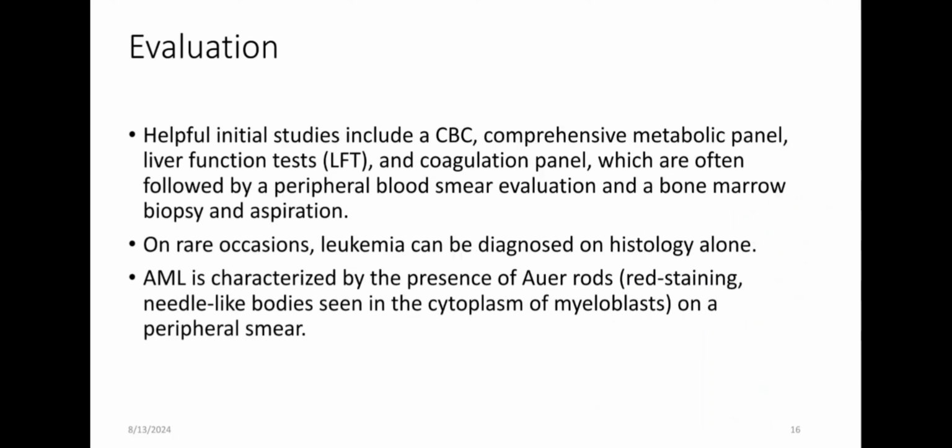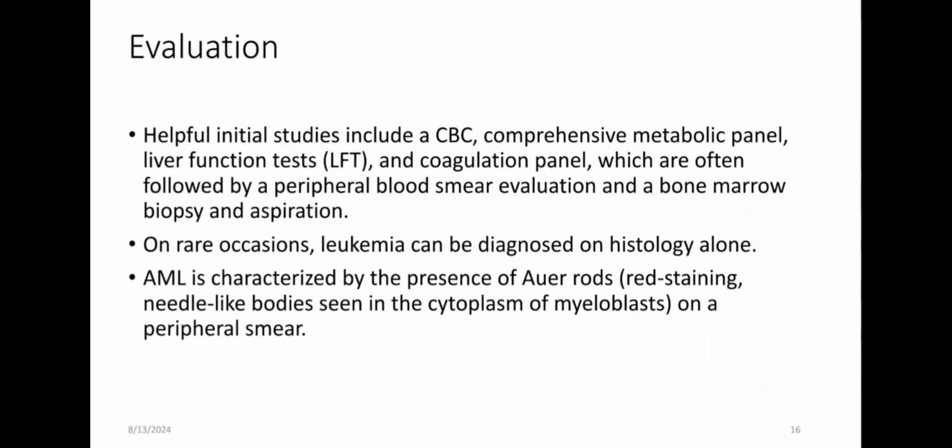On rare occasions, however, leukemia can be diagnosed on histology alone. For example, acute myelogenous leukemia is characterized by the presence of Auer rods, which are red-staining needle-like bodies seen in the cytoplasm of myeloblasts on a peripheral smear. In most other cases, more detailed analysis with flow cytometry, cytogenetics, and FISH testing is required to distinguish between the various subtypes.